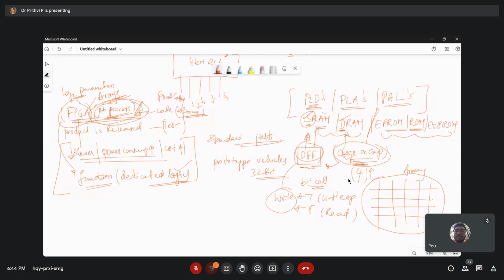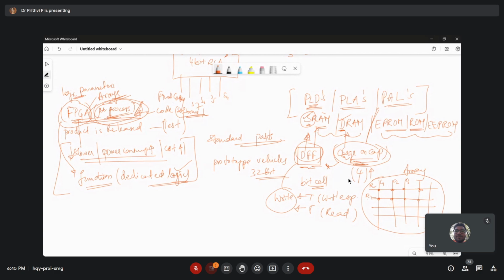Each location will be one memory location, and each will have a row and column address. Just for understanding: this is R1, C1, this is R1, C2, this is R1, C3, and this is R2, C1. Each combination specifies one specific address location.